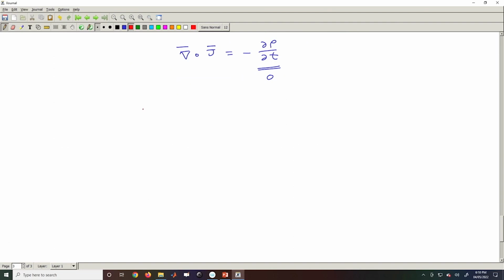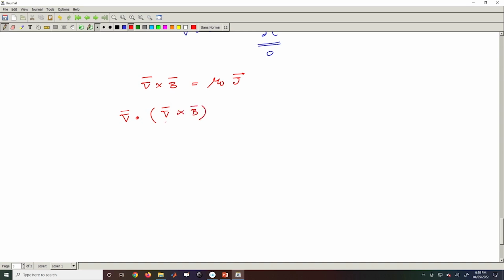So, curl of B, we say it is mu 0 J, but I am saying that this is not always true, because if I take the divergence on both sides, what happens? Let us check. The divergence of curl of something has to be 0. It is identically 0, unconditionally.